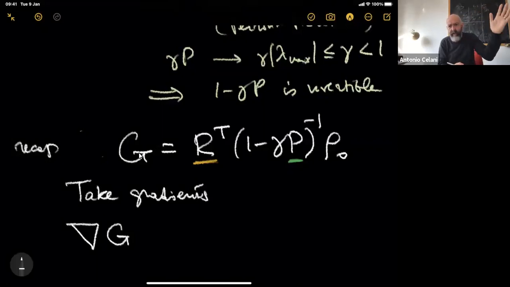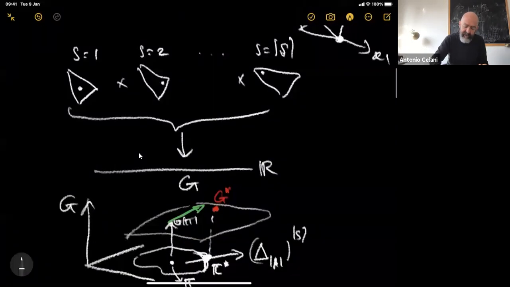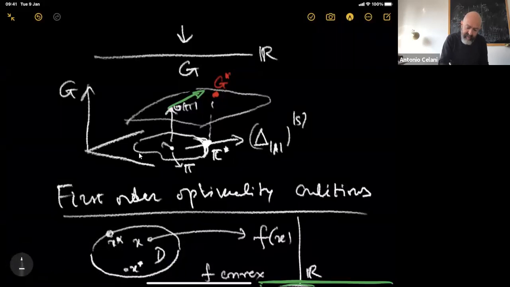I don't want to overload the notation by putting the gradient with respect to the coordinate I, J, whatever. For the moment it's just a gradient along some direction in space. Which means that if we go back to our graphical description, we are taking two neighboring points, say pi and pi plus d pi, a small increment in policy, and then we're looking at the gradient along that direction. We're going to specify the actual direction later. Are you okay with this notation?